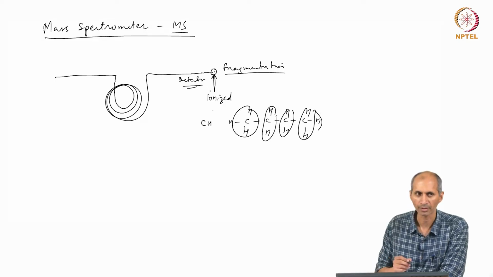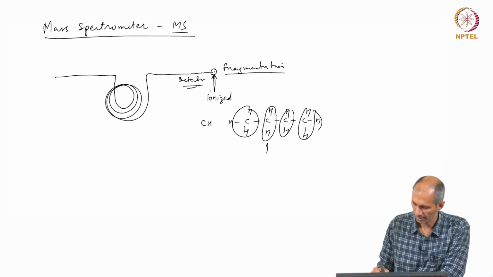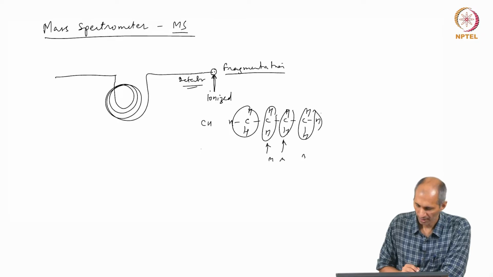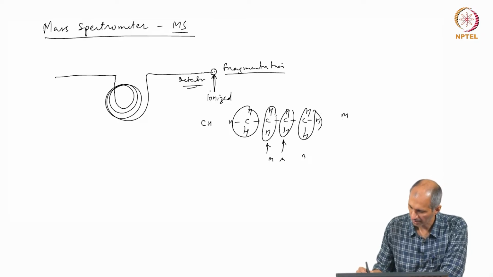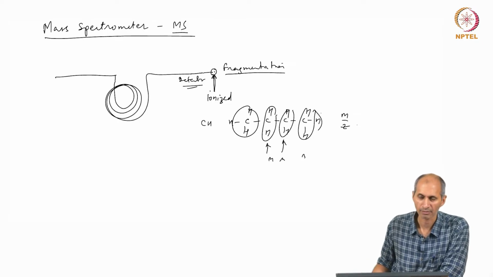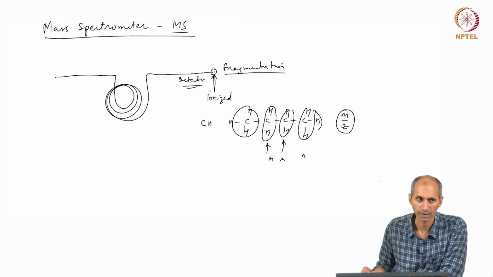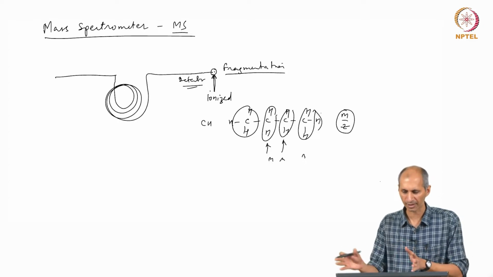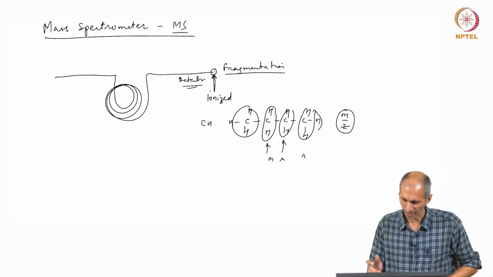So, it knows, and each of these has a mass. There is a certain mass for each of these fragments, and there is also a charge because it is already ionized. Based on this mass and mass by charge, you can separate each fragment. You can analyze each fragment, just the way we do for chromatography, and measure the amount that is contained in each fragment.